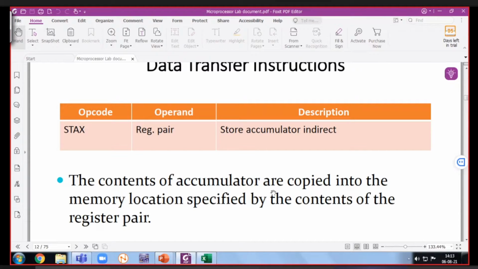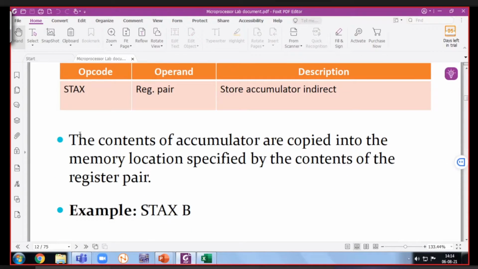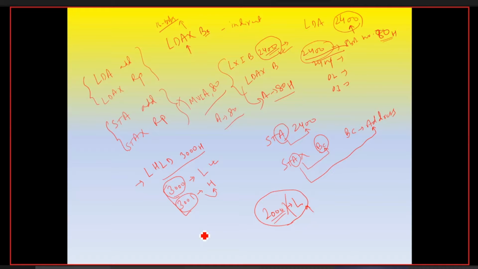The content of the accumulator is copied into the memory location specified by the contents of the register pair. For STAX B, the register pair BC holds the address, and the accumulator value moves to that address. The value of the accumulator will stay the same; it will not be altered. STAX B is the example. So what is this B?